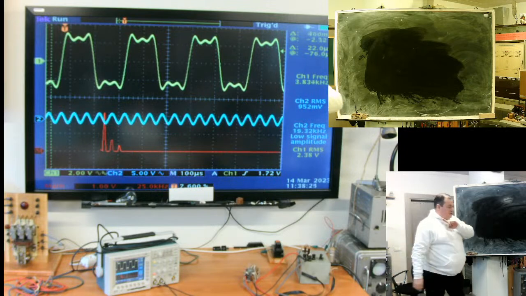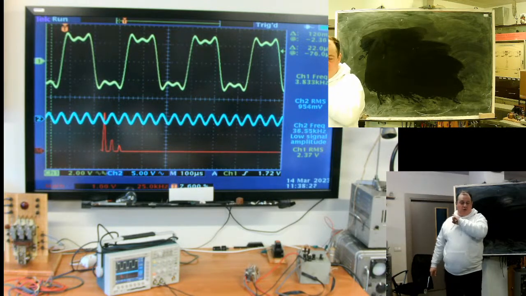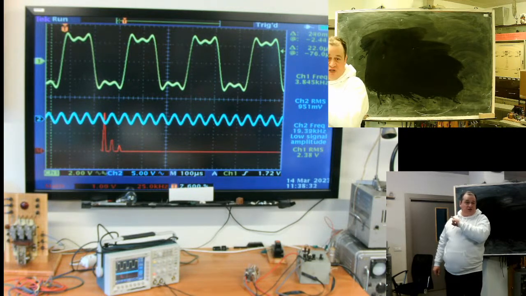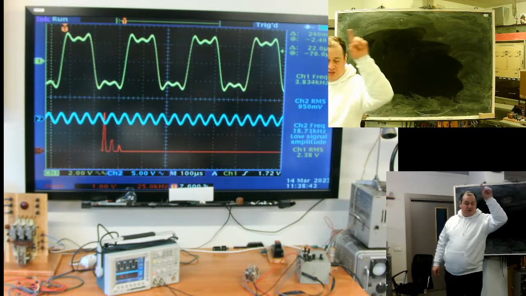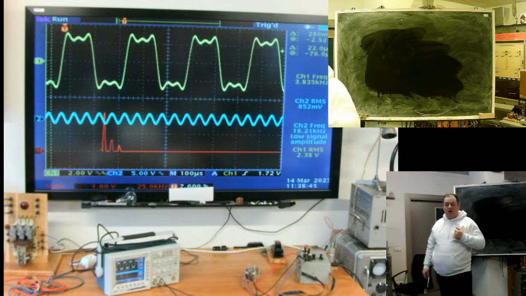As we saw, this network, and all networks like this, are described with a differential equation, and this differential equation has two roots. They are conjugated, meaning we have an oscillation with one frequency, or they are real, meaning we have an aperiodic decay.